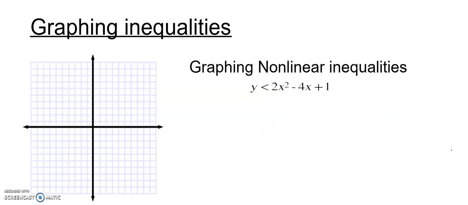Okay, so to graph this next problem, if we take a look at this, I've got a quadratic. Now, we talked about this earlier. A quadratic, the graph of that is called a parabola.